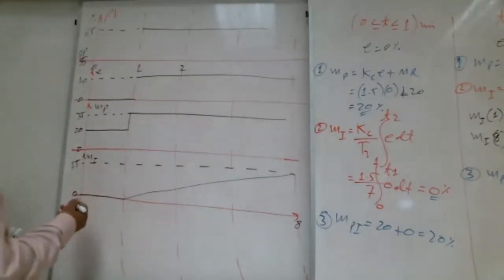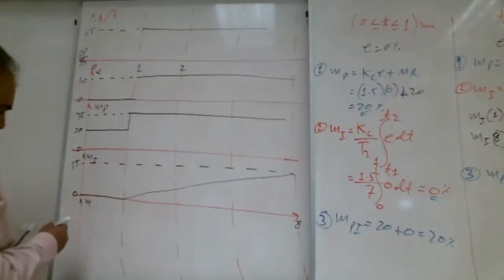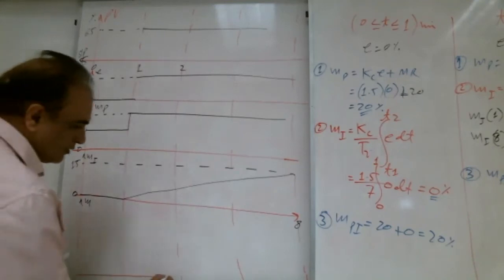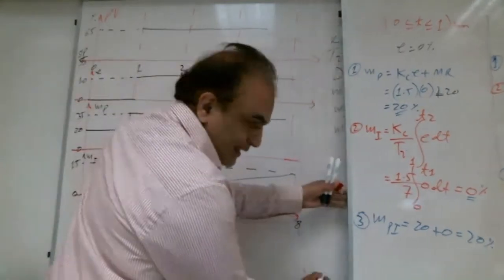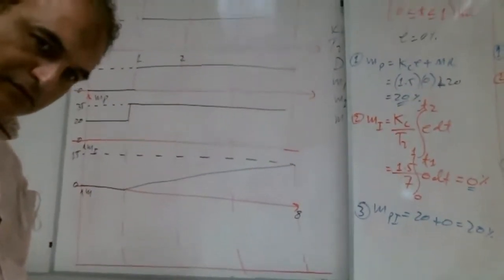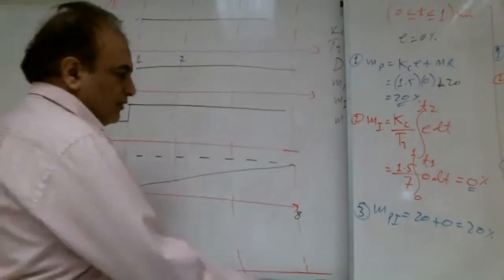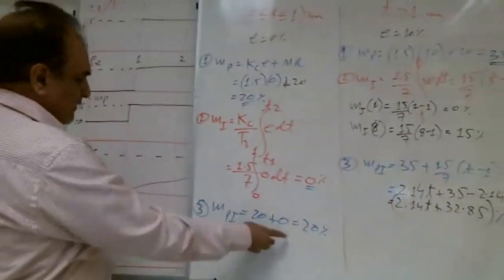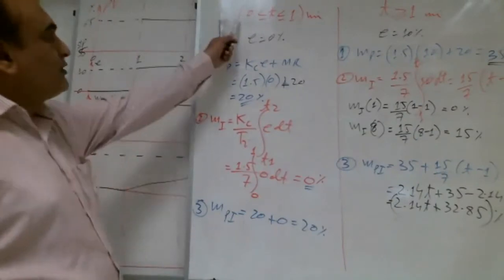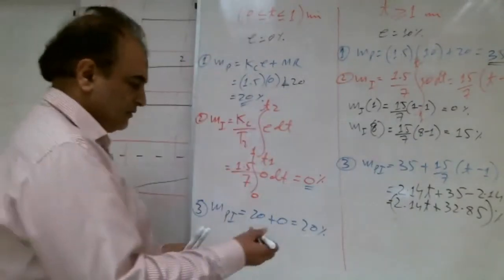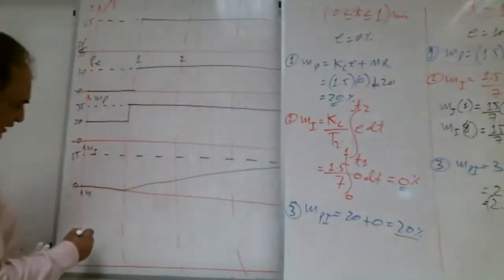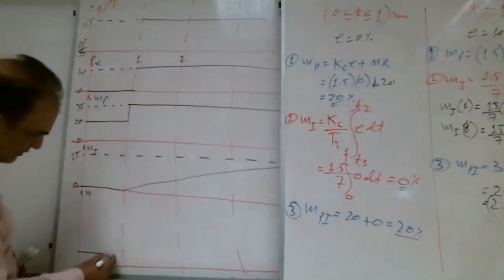So let's now complete the output M. Now we are going to draw M. From 0 to 1, what is M? 20. A lot of brothers are writing 20. Very good. So imagine this line is 20%.